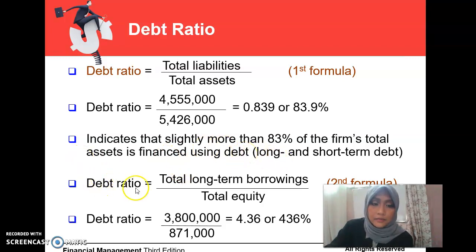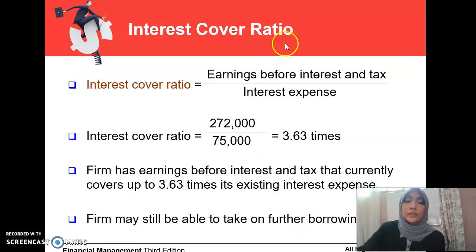Whereas for the debt ratio, you can also use this formula: total long-term borrowing over total equity. You will get 4.36 or 436%. So for interest cover ratio, the formula is earning before interest and tax, or EBIT, over interest expenses.